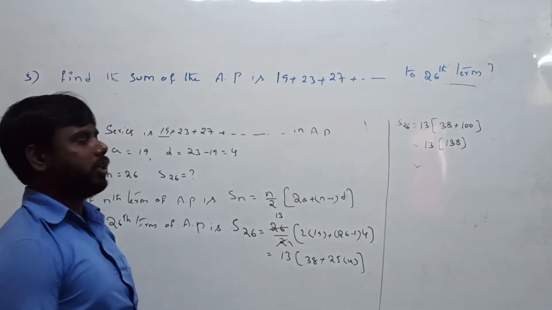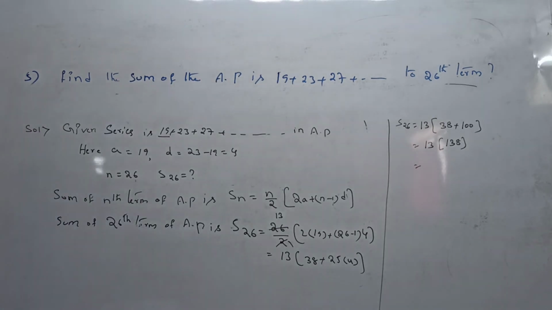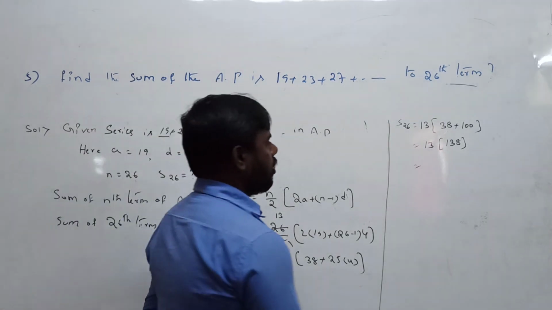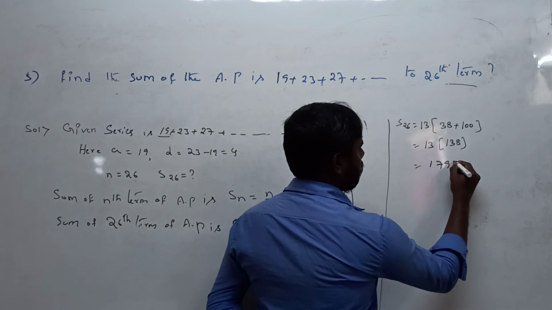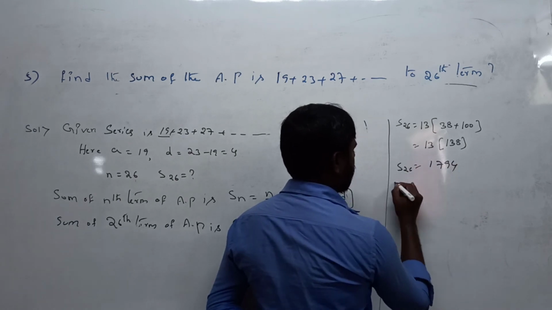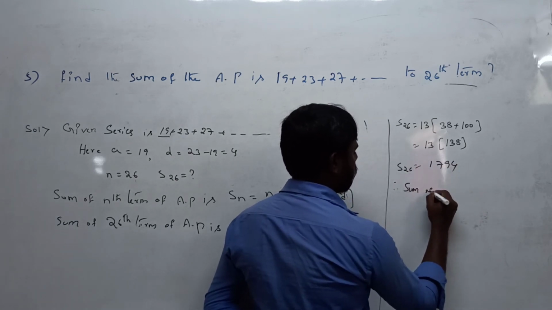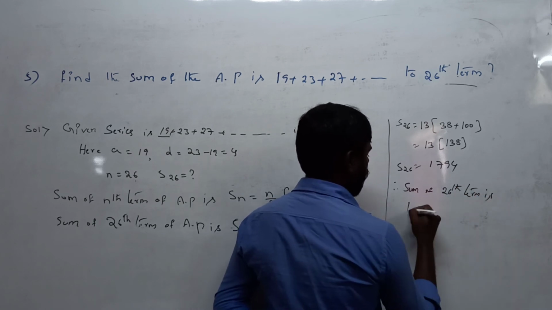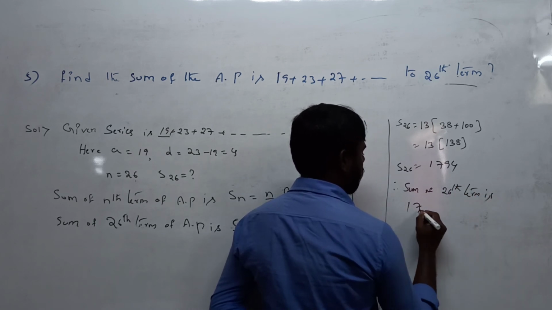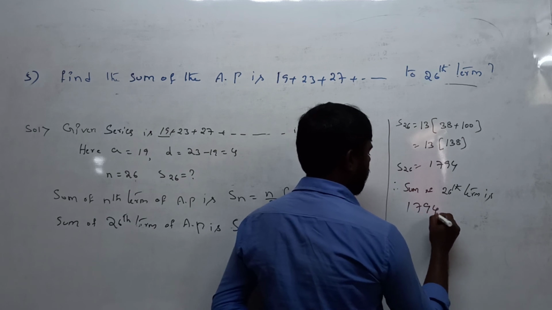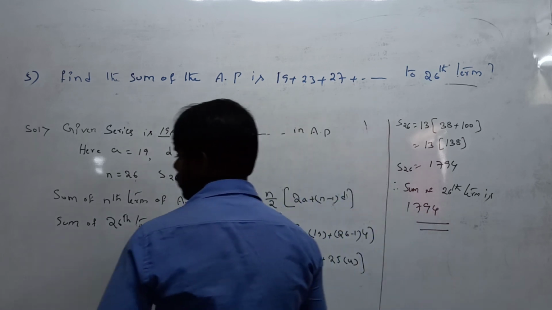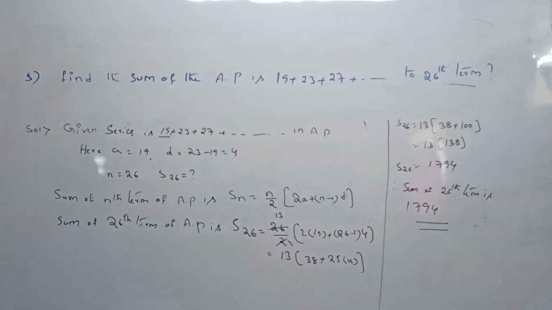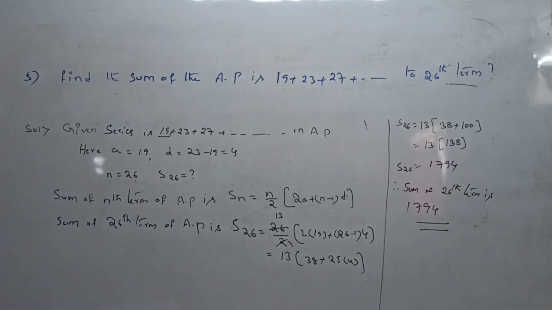Product of 13 into 138 value is 1794. Quickly you got the sum of 26 terms is 1794. This is the solution for the sum of nth term of the arithmetic progression.